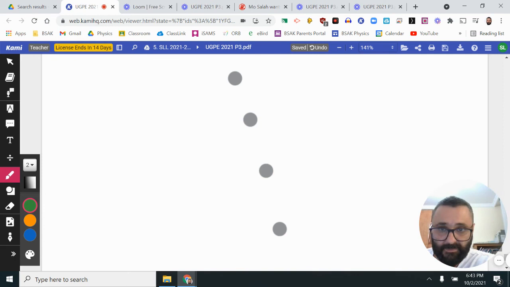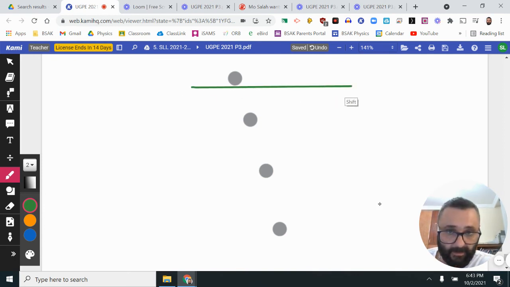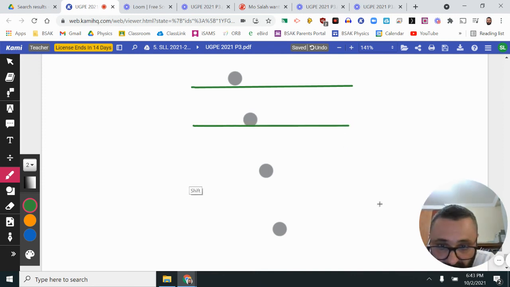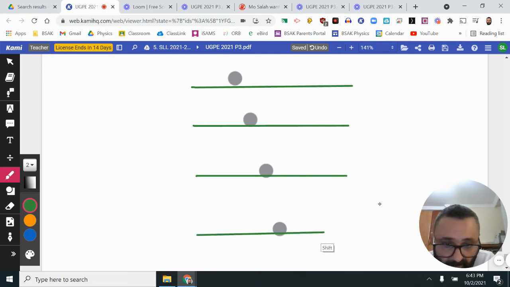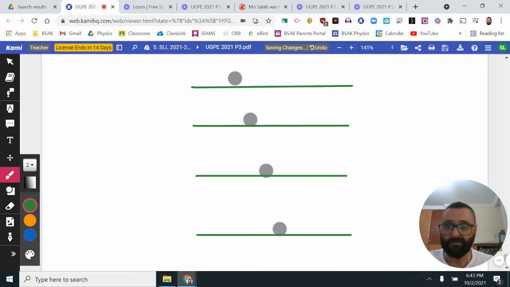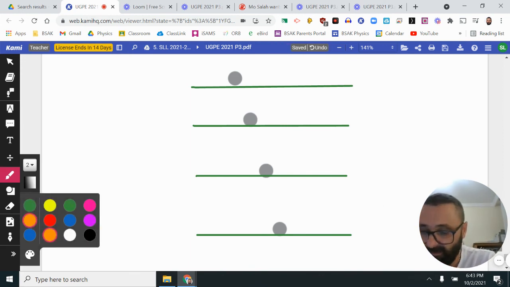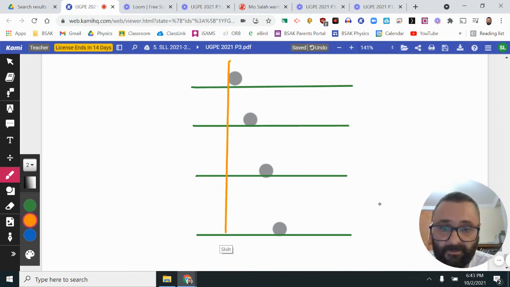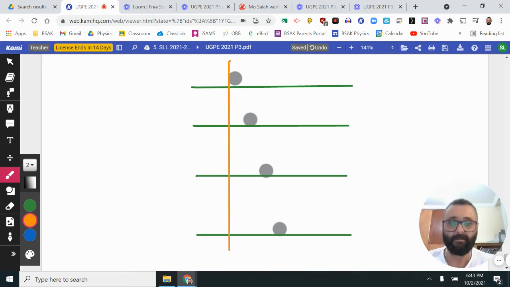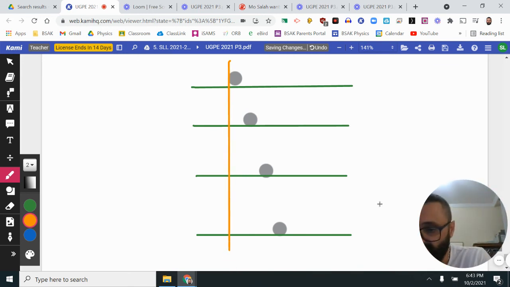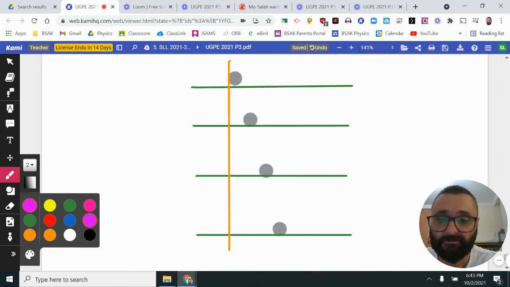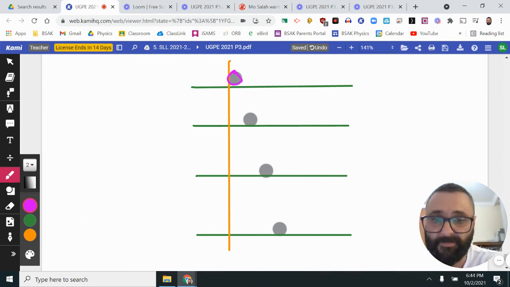Again, ruler skills were really useful here. I'm drawing it onto a screen, so it's not brilliant. But if I draw these, they're meant to be horizontal lines cut to the bottom of each ball. Now, if I draw a vertical line going down there, that will make it very easy for me to draw. So the first frame, same position.